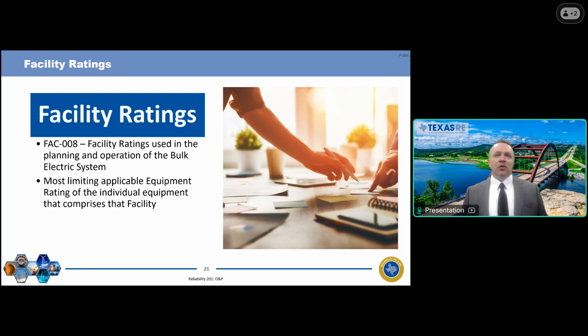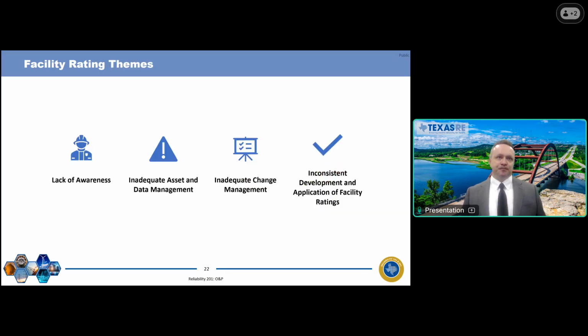And we're going to talk about some themes that we've seen around facility ratings. So just a lack of awareness, not understanding how your methodology is laid out to determine your equipment ratings and your most limiting element.